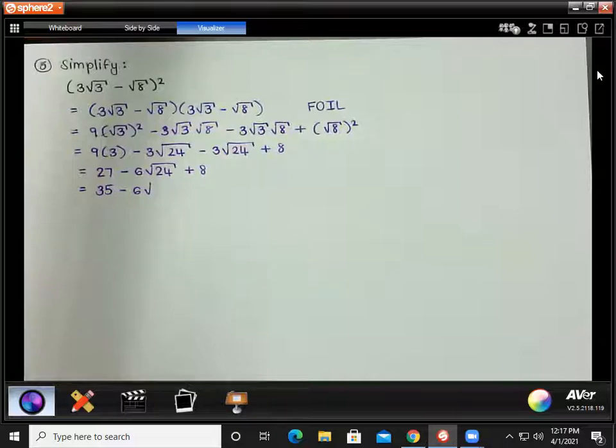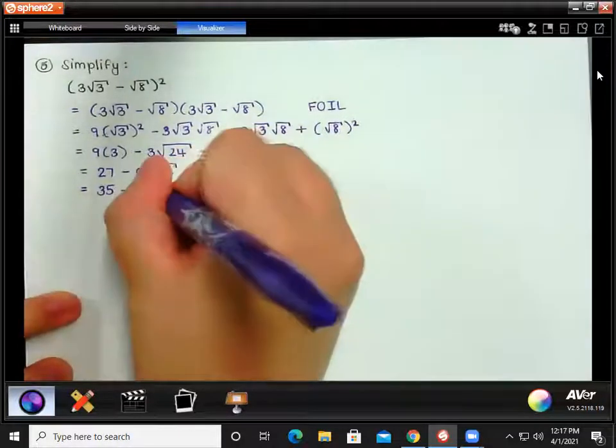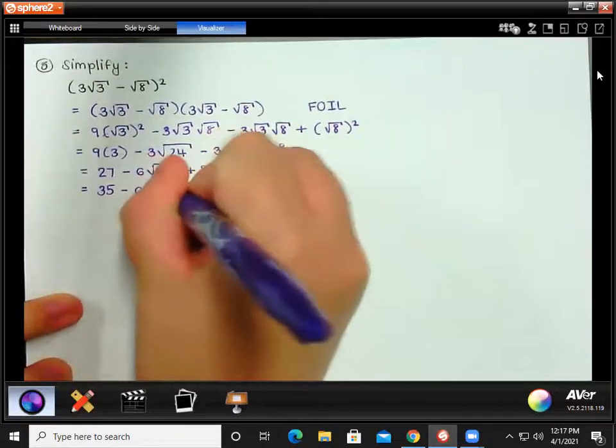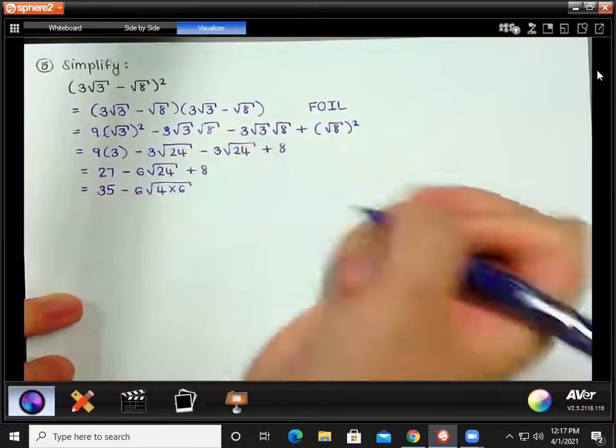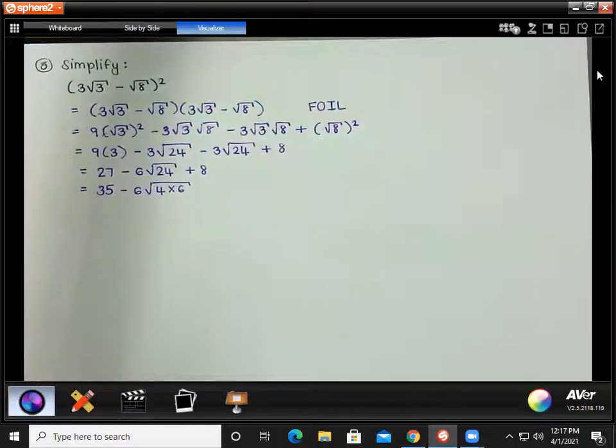No, so that's not going to work. What about 24 divided by 3? 8. Does 8 have a square root? No, so 3 also isn't going to work. So the next one would be 4 and 6. All right, 4 has a square root at least, so that will be 4 times 6. And we've already added that 8 there.